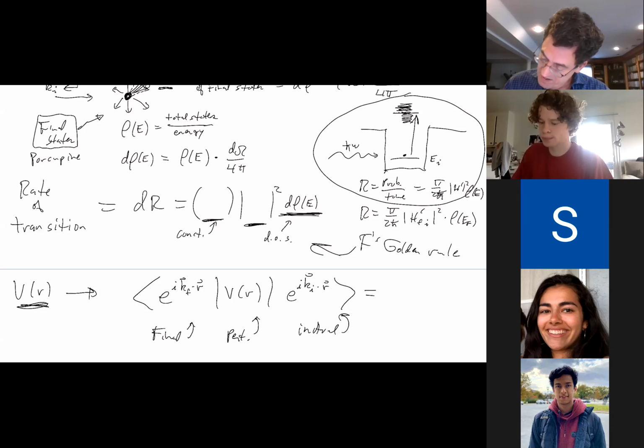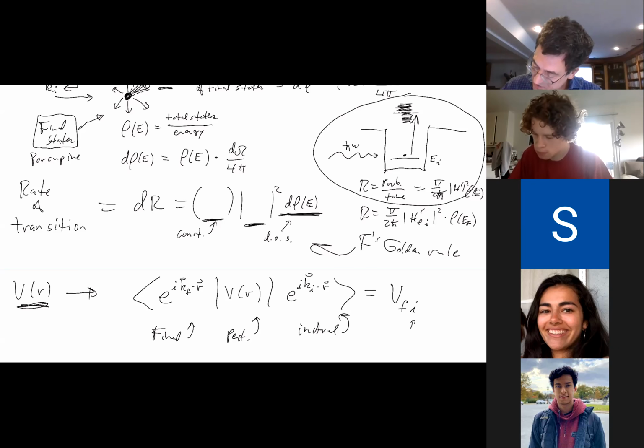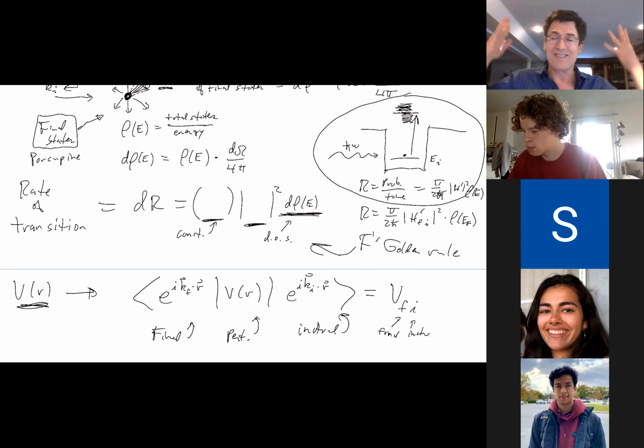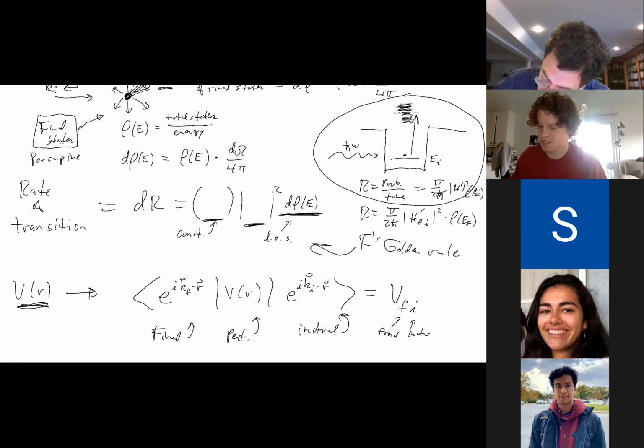And so we'll call this V_FI because it's the matrix element that connects the initial state to the final state. Initial, final. It's a matrix element. And V because it's the potential V of R of the interaction. And so that goes here, V_FI.